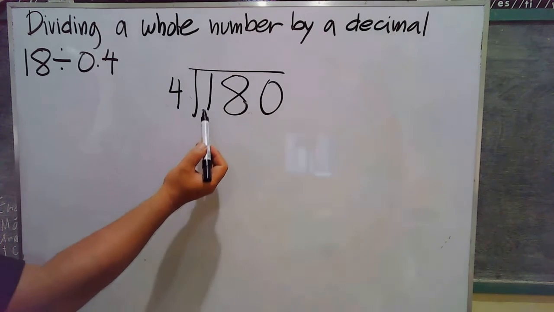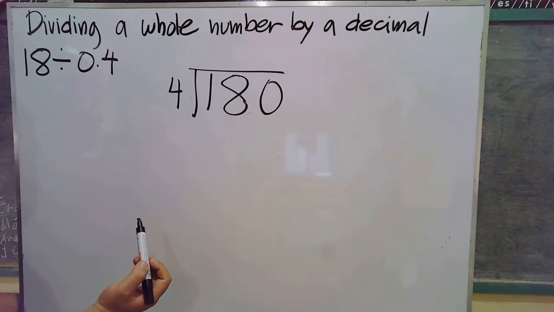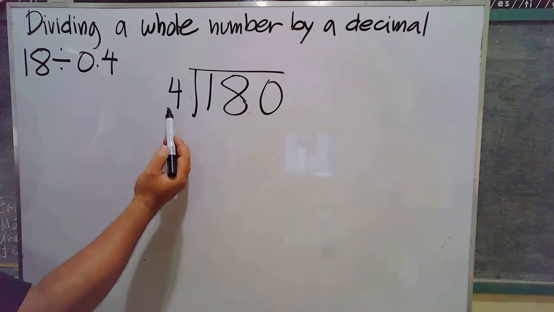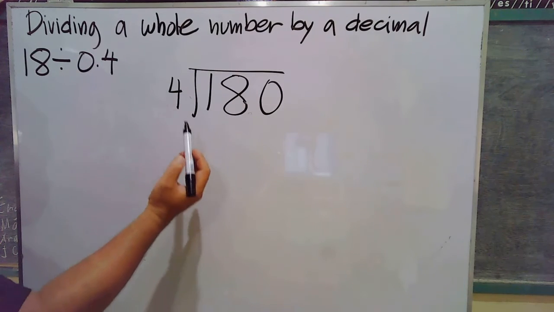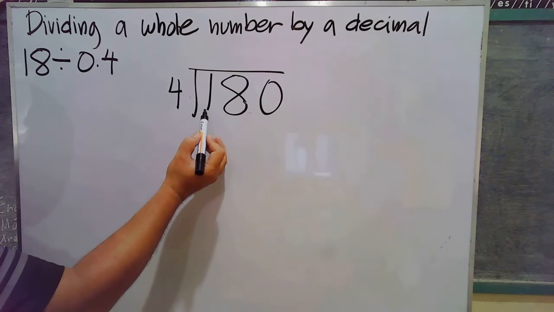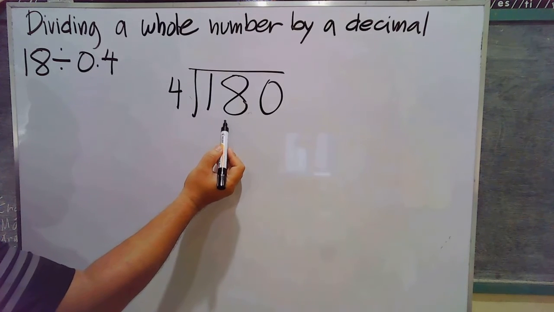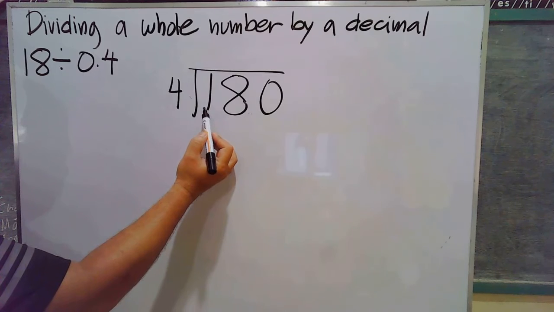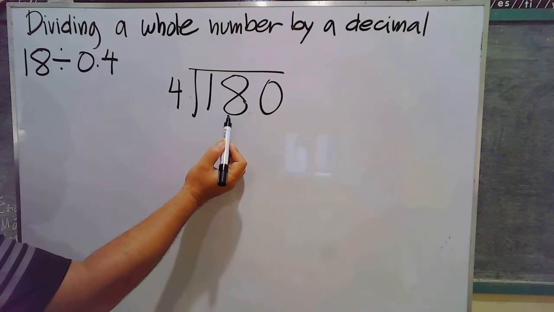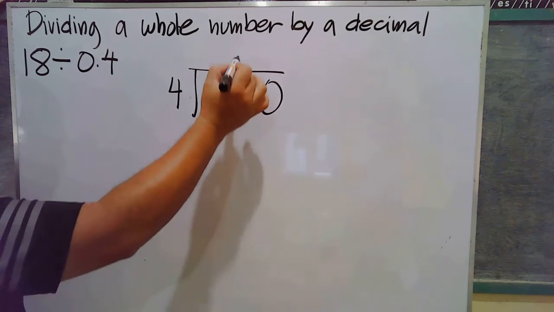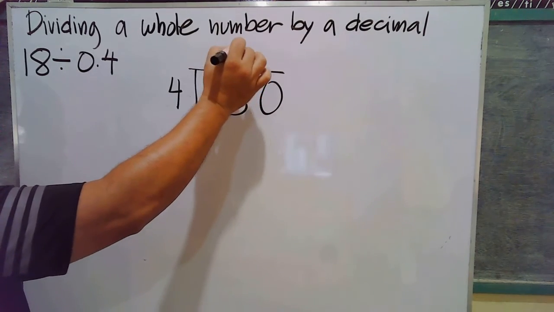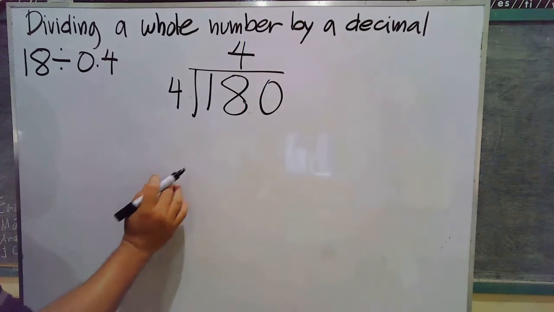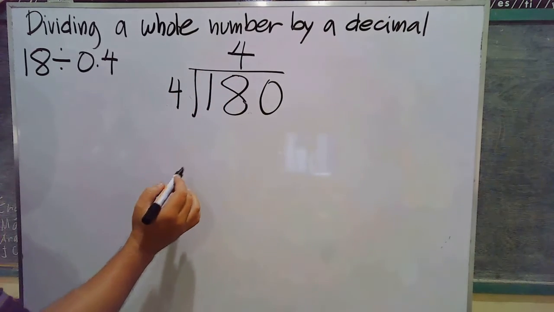Let's start. 1 divided by 4 cannot be done because 4 is greater than 1. So what are we going to do? We're going to add another digit so that we can divide. So 1 becomes 18. 18 divided by 4 is 4. 4 times 4 is 16.